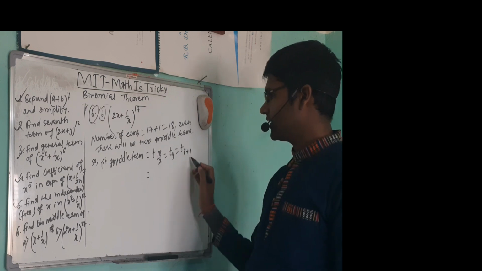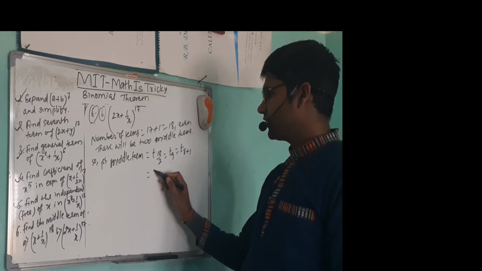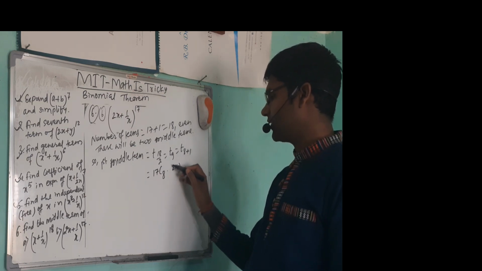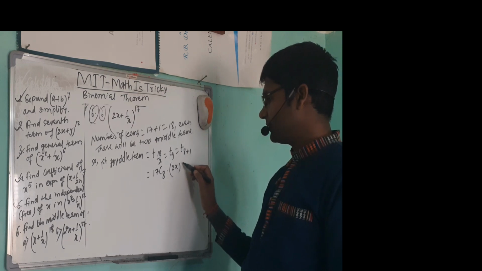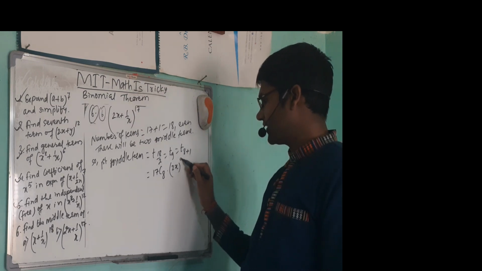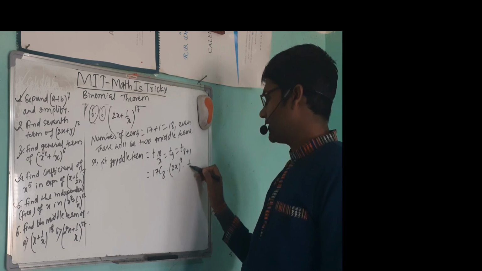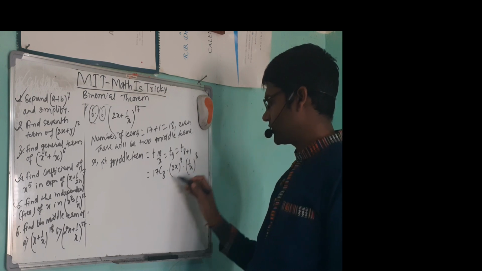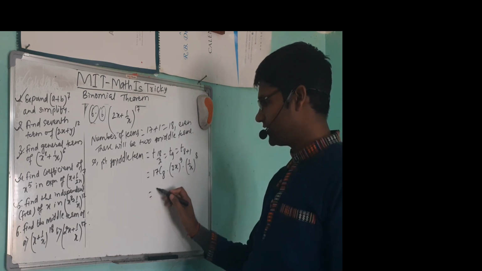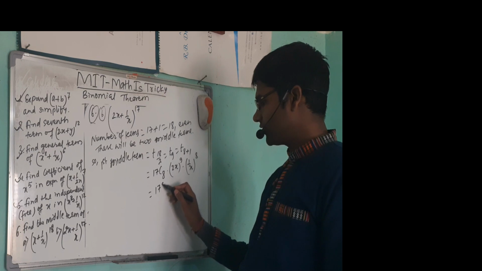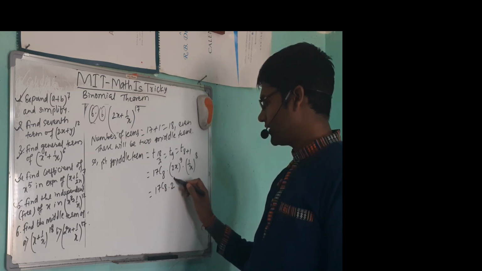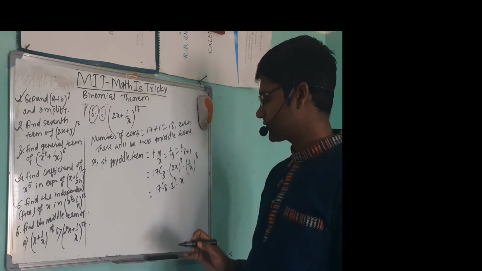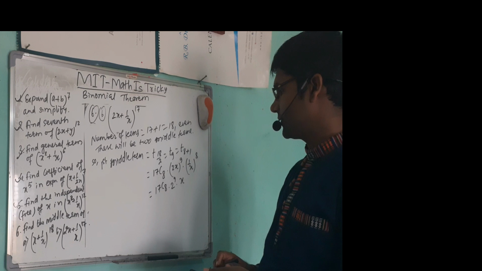According to the formula, it is 17c8 times 2x power 9, where n minus r is 9, and then 1 by x power 8. You can expand this and write it by yourself. It gives 17c8 into 2 power 9 into x. This is your answer.